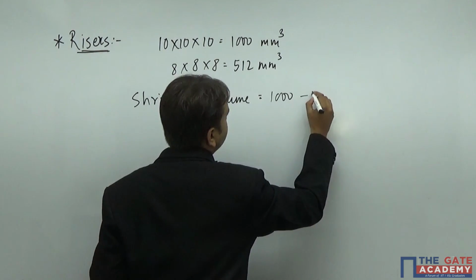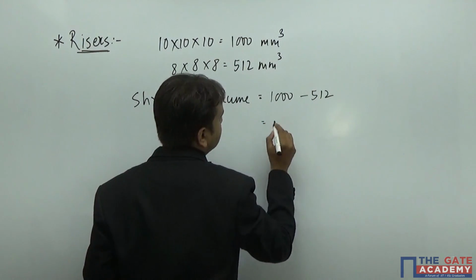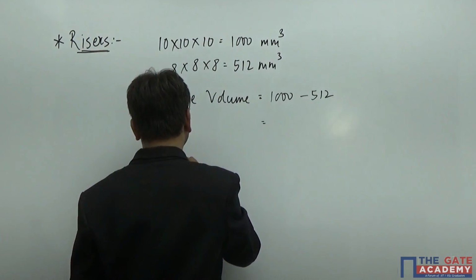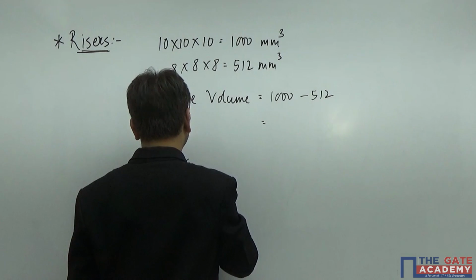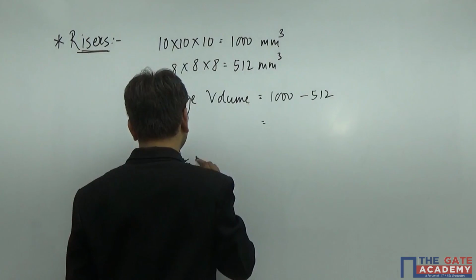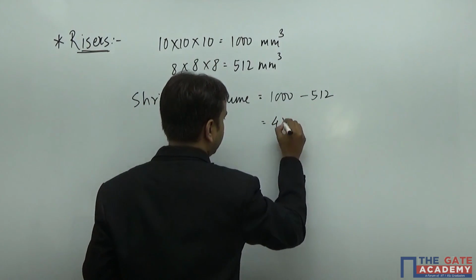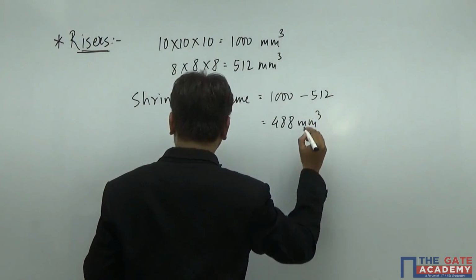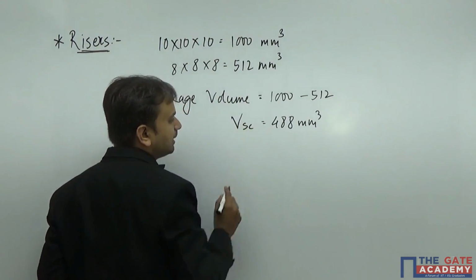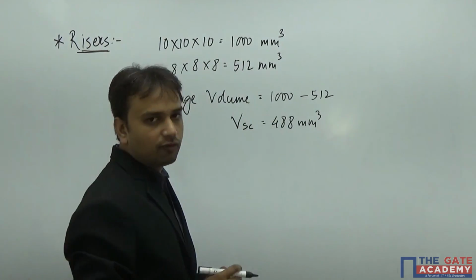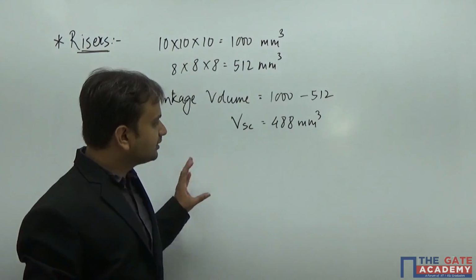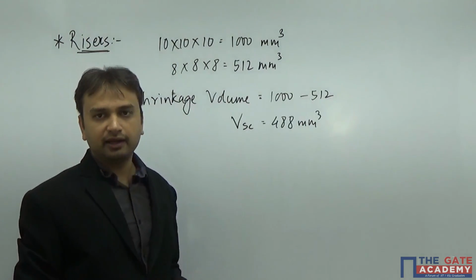So 1000 minus 512 comes to around 488 mm cube. Getting the point? So this much is your shrinkage volume. We denote it by VSC. It is the shrinkage volume, 488 mm cube. That means the riser has to supply 488 mm cube.